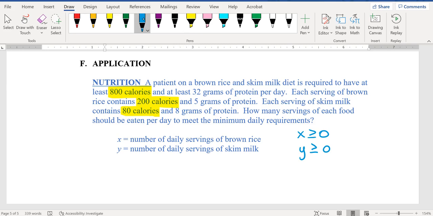So we get 200 calories per brown rice serving plus 80 calories per serving times that many servings of skim milk. And I want that to be at least, so greater than or equal to 800. Let's go graph that one.